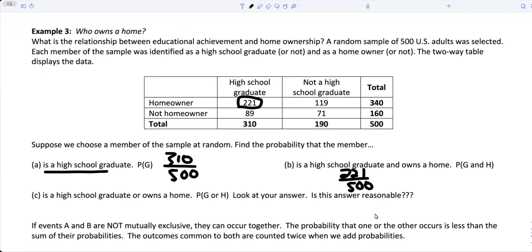So let's look at this. And let me preface this by saying I'm going to work this the wrong way so that you can see why it's wrong. What is the probability that they are a high school graduate or they own a home? So the probability that they are a high school graduate is 310 out of 500. What is the probability that they own a home?